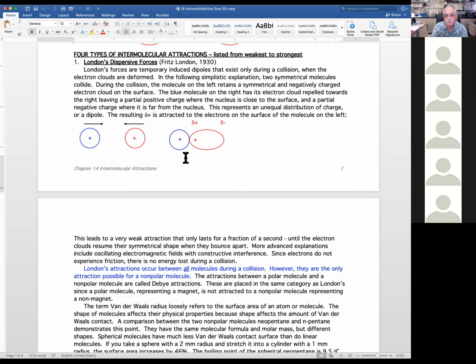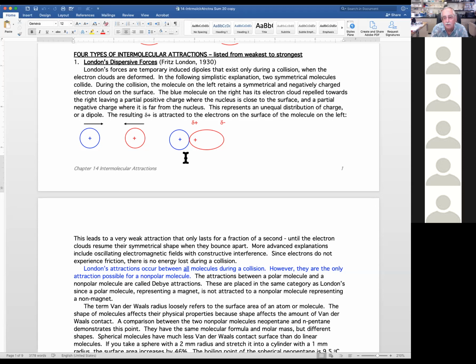So, this is very simplistic. In fact, what you would expect is that neither one would win. The electron clouds just bounce back and forth during the collision, which is a form of oscillation. And anyway, during that collision, they're attracted to each other because of these induced dipoles that weren't there before.